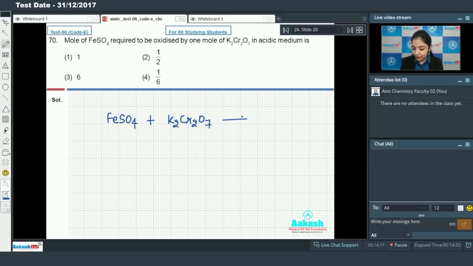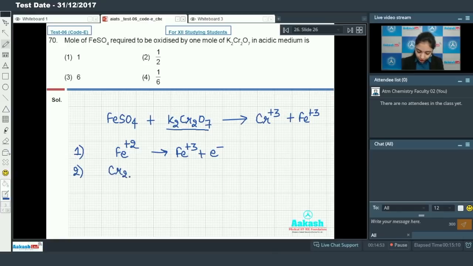You very well know that in acidic medium, the dichromate is converting into chromium 3+. And it is an oxidizing agent, so it will oxidize iron 2+ to iron 3+. So we can individually write down the reactions to balance the equation. First we will do the oxidation part, that is iron 2+ is being converted into iron 3+. So here how many electrons change? That is 1.